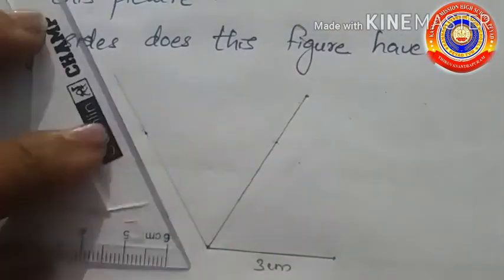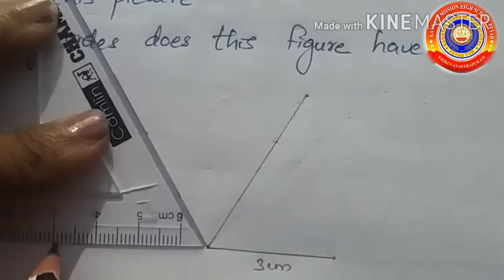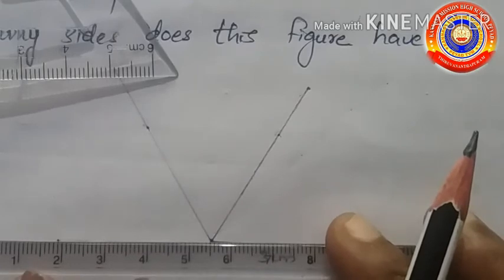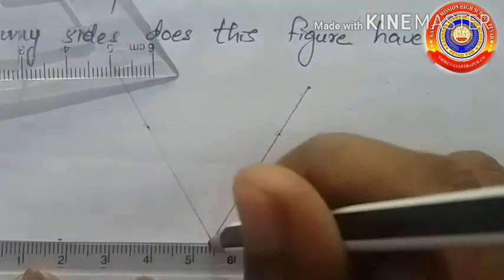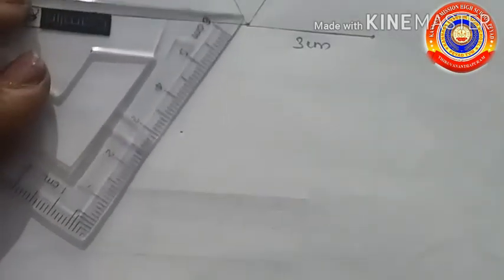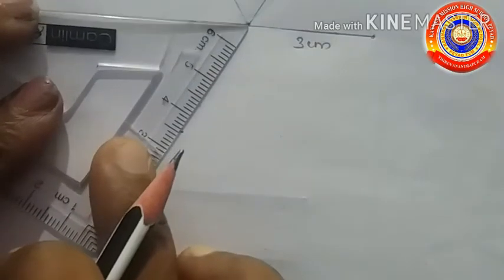Now place the set square. Place the same corner on the end point. Then mark a point. Draw lines joining these points. Then place the same corner on the line we have drawn. Then mark a point here.